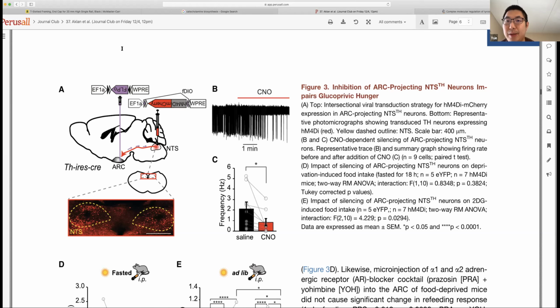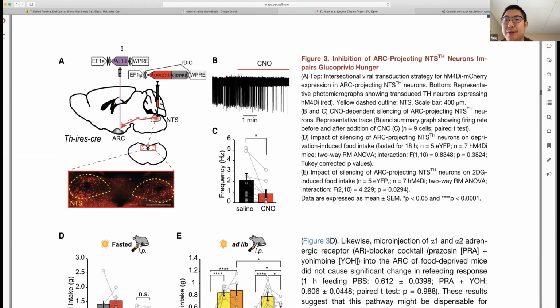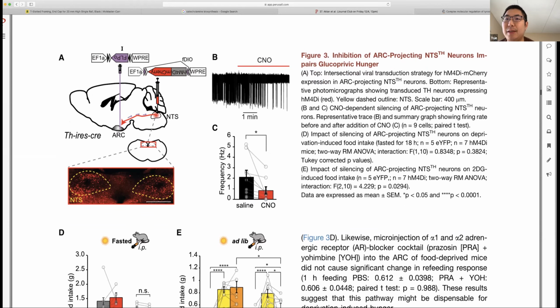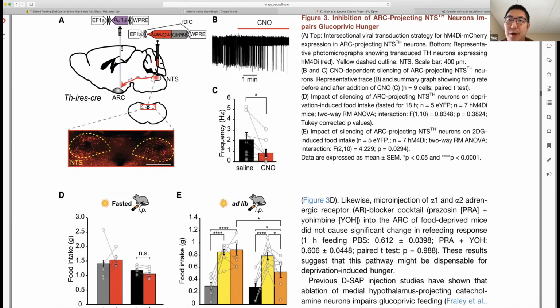So that hM4Di will be expressed in the ARC projecting neurons. And B is just testing the firing rate of these neurons. We can see upon CNO injection, the firing rate just decreased dramatically after about 2 minutes. And C is just a quantitative frequency measurement, so that upon CNO injection, the frequency is much lower.